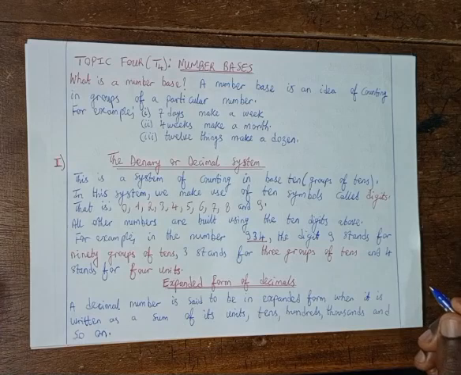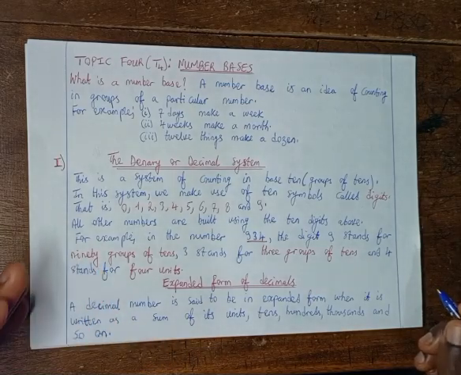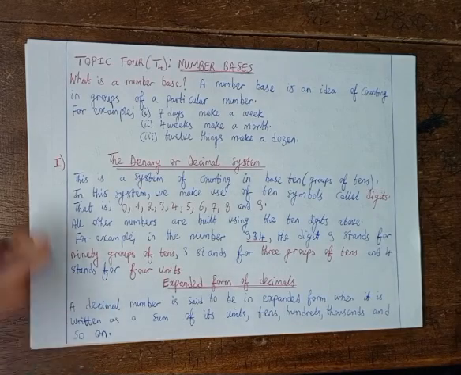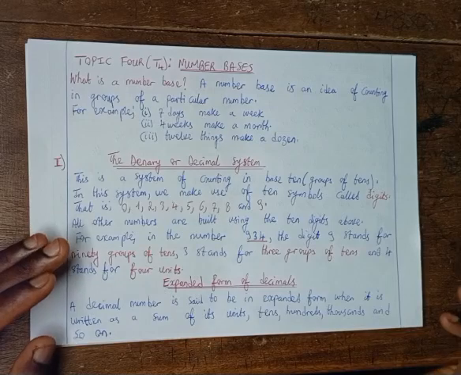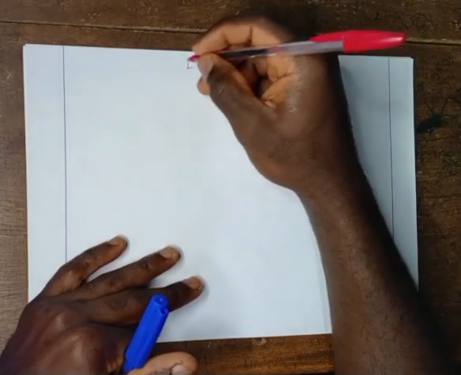If the highest place value of that number is thousands, then you start from thousands, right? You end at units. If the highest place value is millions, you start from millions, then you end at units. Let's take an example on this. Example.